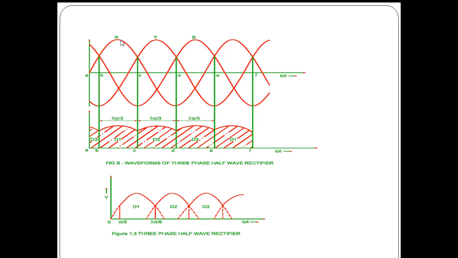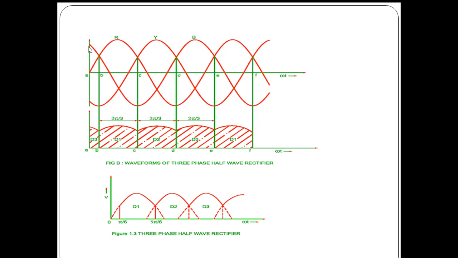This is R phase, and Y phase will have a phase difference of 120 degrees with respect to R phase. Y phase will be like this, and phase B will have a phase difference of 240 degrees with respect to R phase. So the phase B waveform will be like this, and if we extend this phase B waveform, it will be like this.